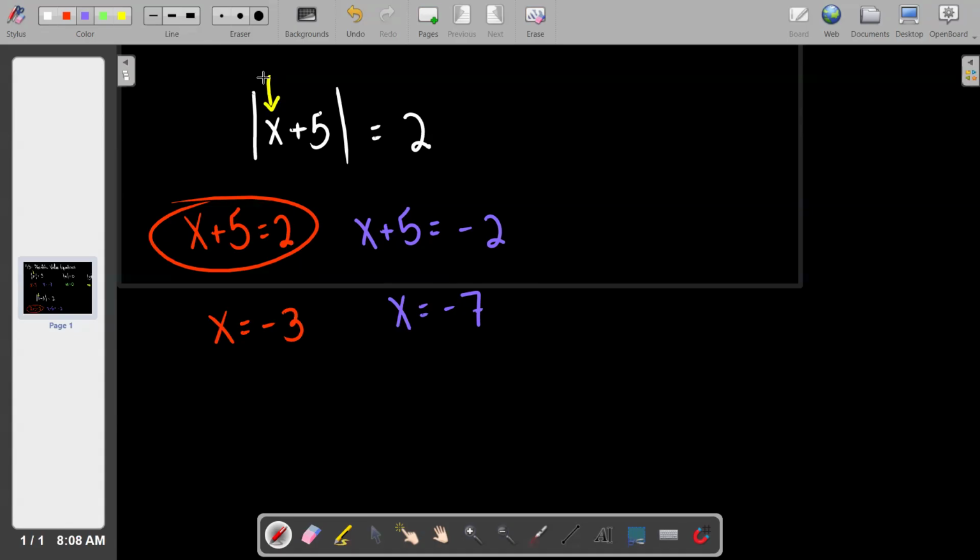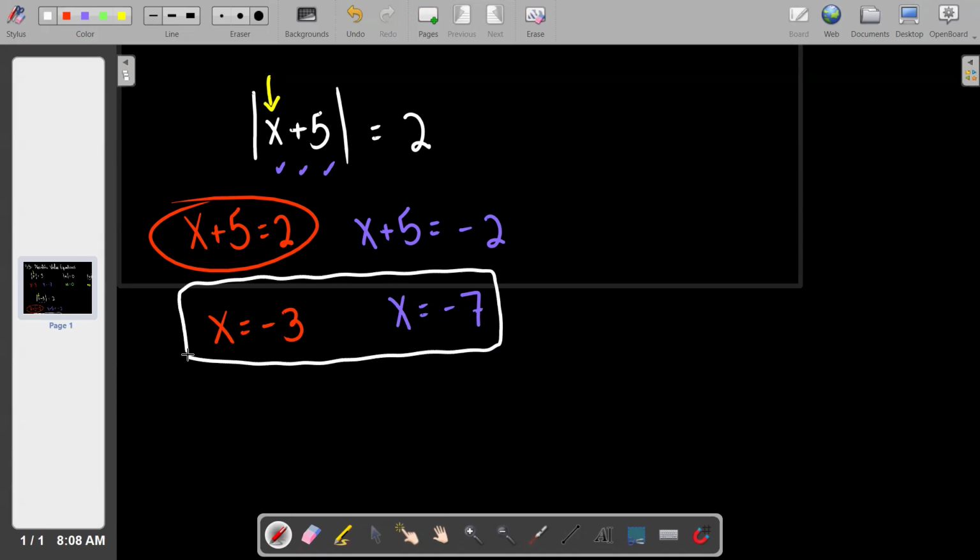So again, go back up to where the yellow arrow is and change it into our second number, -7. What's -7 plus 5? -2, which is exactly what we want, because the absolute value of that would also equal 2. So this is an absolute value equation, as most of them are, that has two different solutions. Kind of like quadratics, but for a different reason.